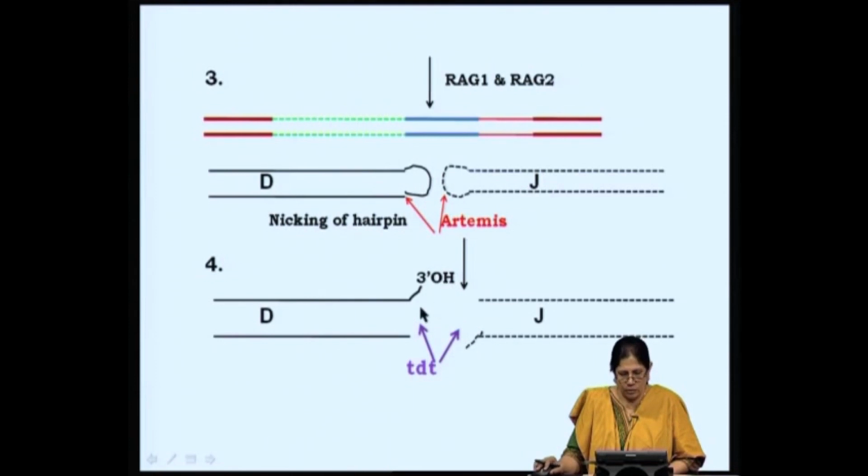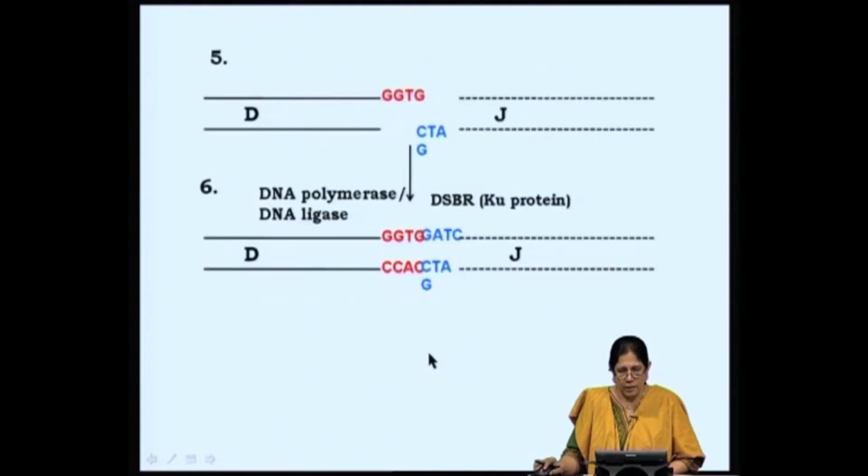These now generate open ends which are filled by DNA polymerases plus by addition of new nucleotides by the terminal deoxyribosyl transferase, and then double strand break repair enzymes which stitch the DNA together. Now, the Q protein is not only specific for B cells, these could be present in several cells.